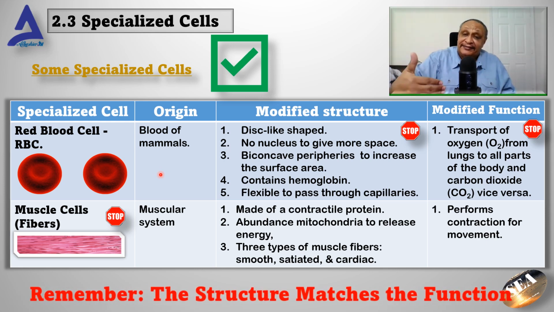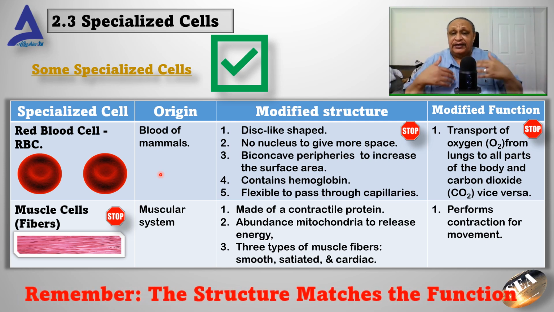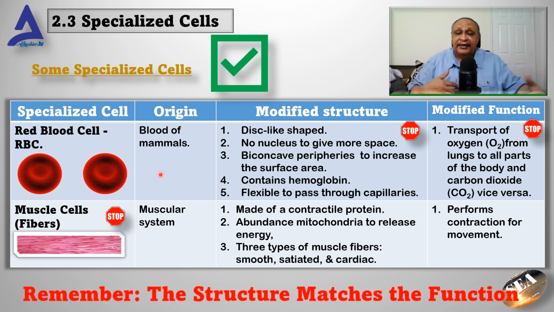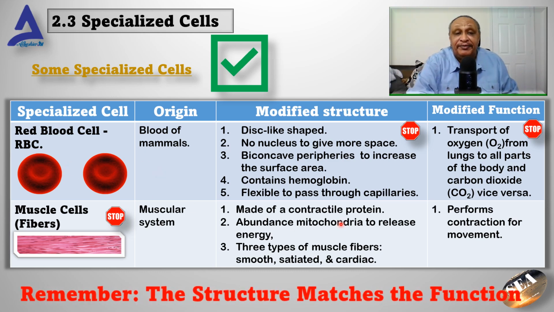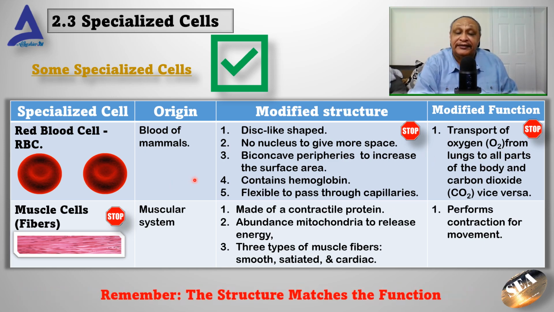If it's going to do the same things as other cells do, like division and reproduction and movement, it's going to be active, and in this case it's going to consume all the oxygen present in it, and this is not required.